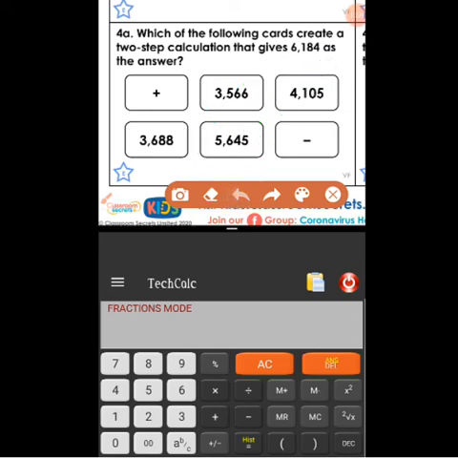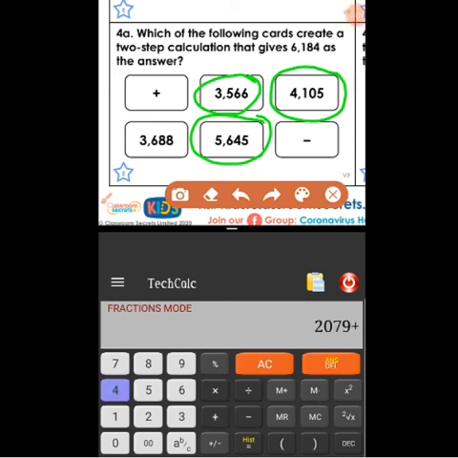So I am going to subtract this from this. So that will give us 5,645 minus 3,566 will give us 2,079. Now I am going to use this card to add this. So let's add 4,105 and see what it will give us.